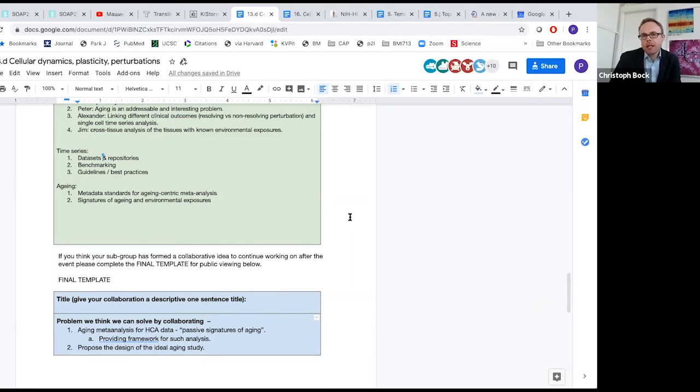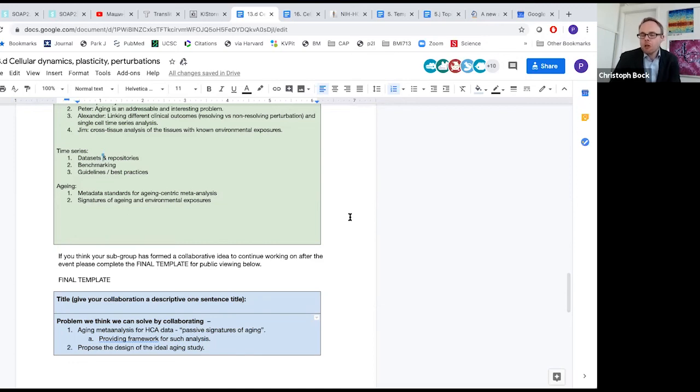But for the time series, we would still need to break things down much more concretely. What I wrote down here are points capturing our discussion. Obviously, this is far too much to realistically achieve, but in a best of all worlds, we would have a very systematic way to collect everything that looks like a time series and put it into repositories, then run a lot of algorithms for time series modeling against such a repository of a lot of single cell data sets.